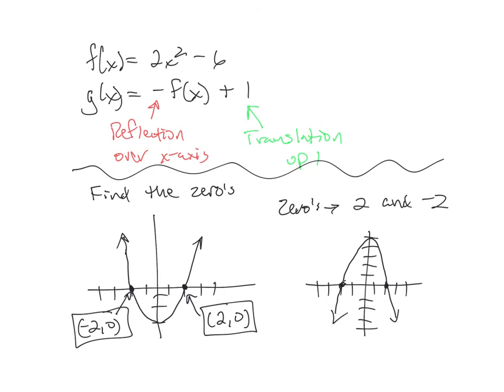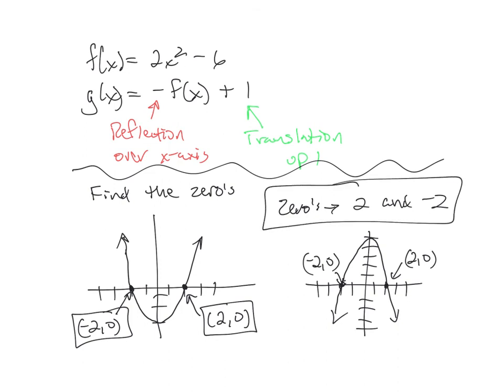That's okay. So that's still 2, 0 and still negative 2, 0. So right side up, upside down, doesn't matter. Graph them like we did, but the answer, instead of being the graph, you need to write, hey, the zeros are this and this.